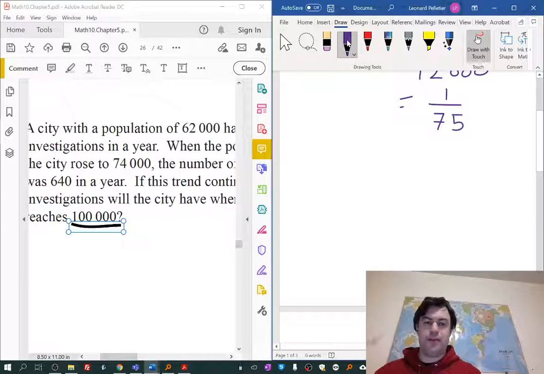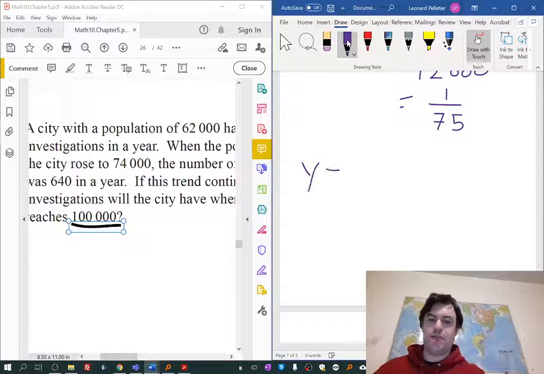Let's do that. I would say, maybe I'll use my point slope form to say, y minus, and then I would choose my y. Which point should I choose?